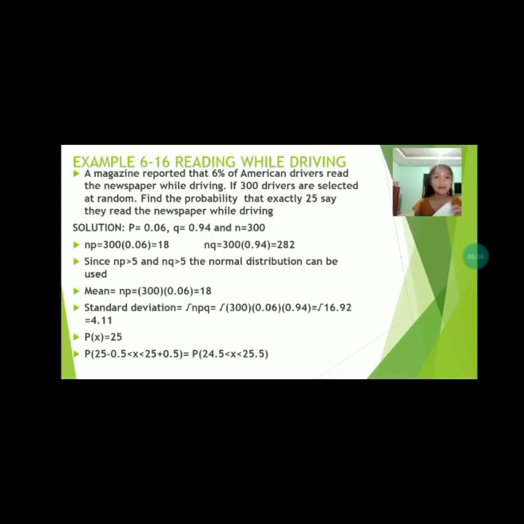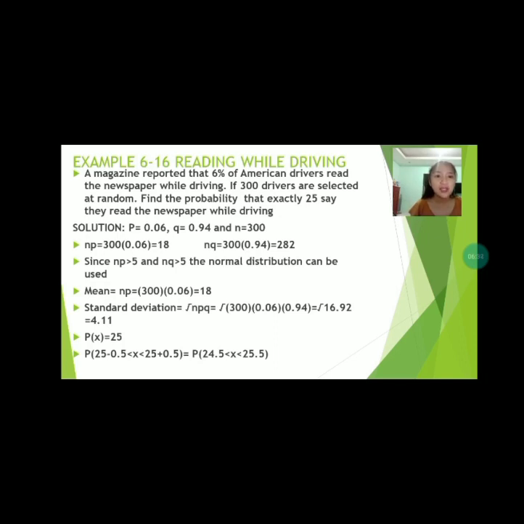So our p is 0.06 and q is 1 minus p. Our value of p is 0.06, so if we subtract 0.06 from 1, the result is 0.94. The value of n is given, 300.